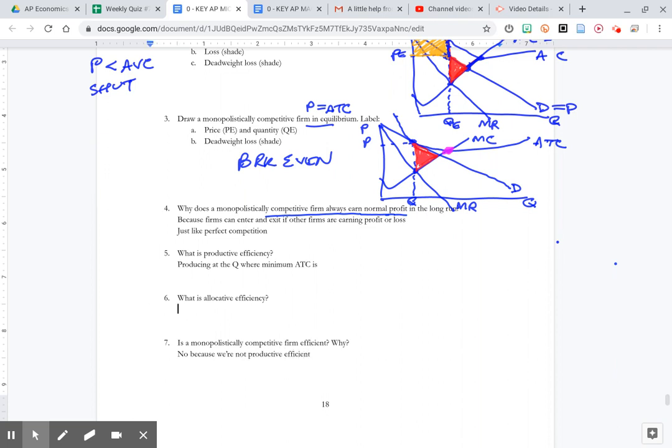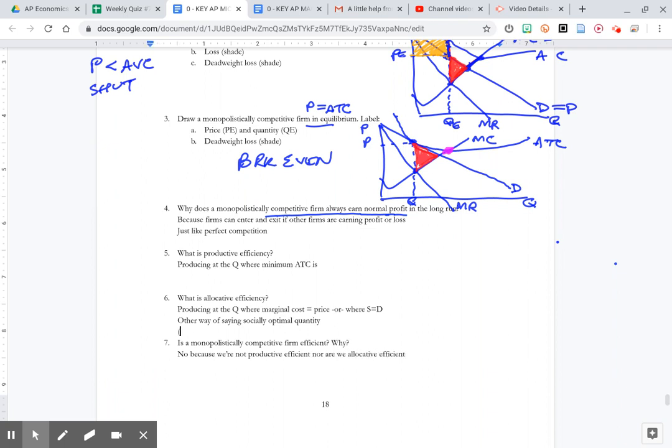And then allocative efficiency means producing at the quantity where marginal cost equals price or where supply equals demand. And so again, it's the other way of saying socially optimal quantity. And so we are not productively efficient, nor are we allocatively efficient.